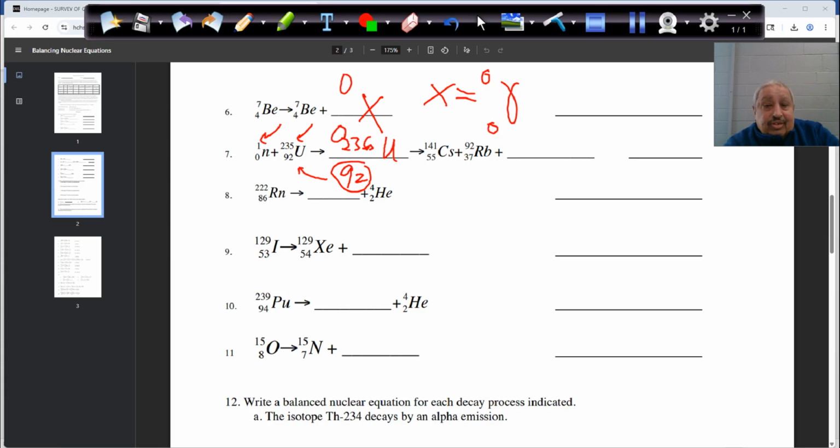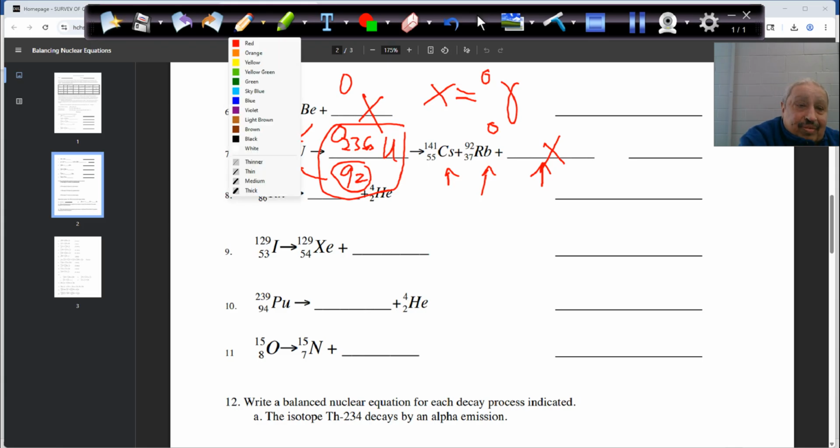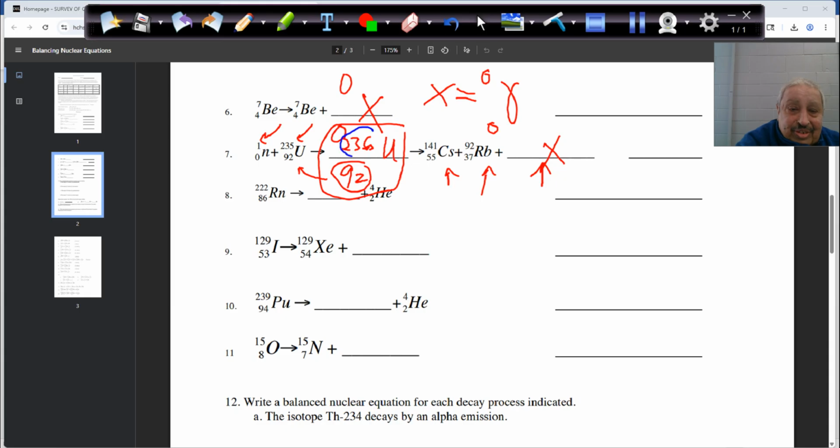Now this uranium here is not stable. It will give off 3 things. 1, 2, and 3. What is the third one? Somebody will tell me. Remember, guys, this one here is 236. So how much is the sum of those two here? Come on, guys.